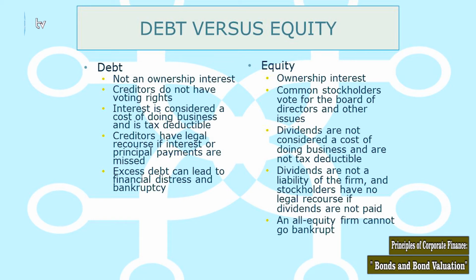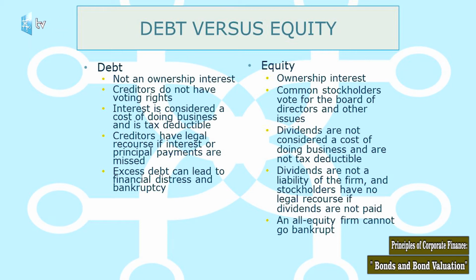Equity, we know, is ownership interest. If you buy an equity share of a company, you have ownership in the company. Common stockholders vote for the board of directors and other issues. Dividends are not considered a cost of doing business and are not tax deductible.